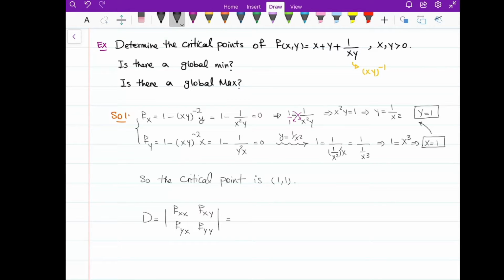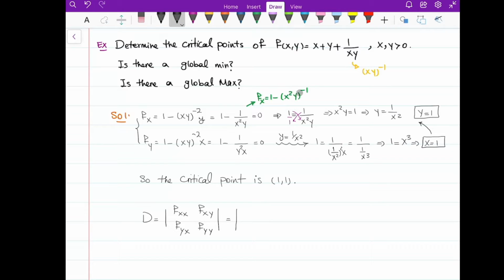So I'm gonna do fxx. Actually, let me simplify this part. This is fx. I can write fx as 1 minus x squared y to the power of -1.